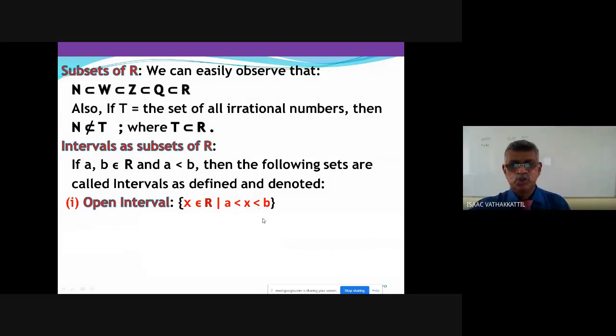Remember, here there is no greatest member. B is not a member of this and A is not a member of it. There is no smallest element. That's why it's called an open interval.